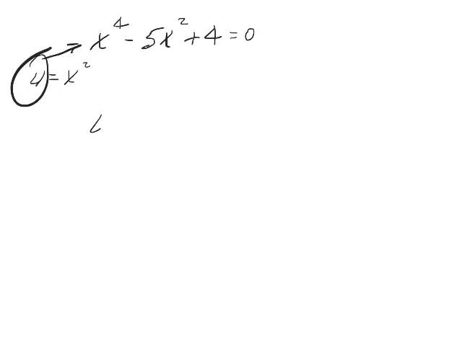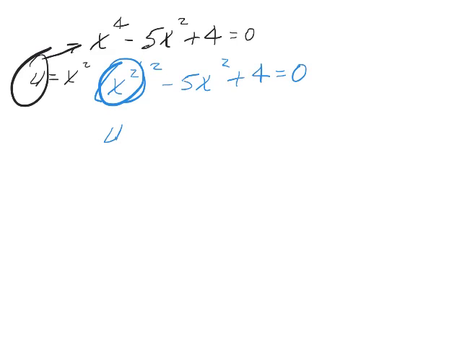So let me show you a little more detail here before we just jump into it. So if u equals x squared, here I'm going to put a u in its place, and here I'm going to put a u in its place.